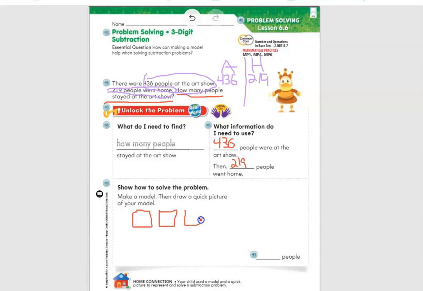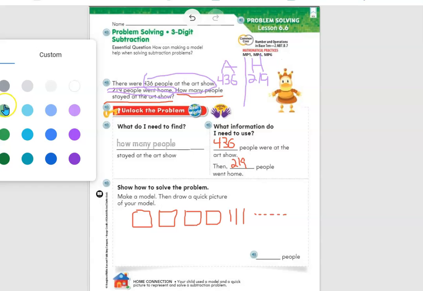Okay, 4 flats because 4 flats is 400. Then how many tens? 3, right? Because 3 tens means I have a value of 30. And then 1, 2, 3, 4, 5, 6 ones. All right. Now I'm ready to begin crossing some of these out.